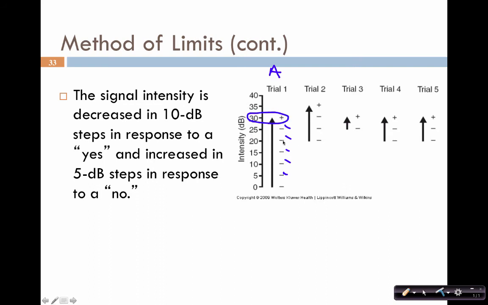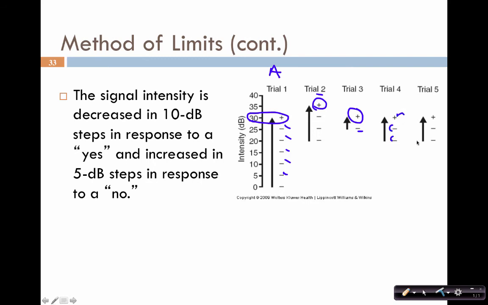On the second trial, you start at 20, and you present. So you present at 20, they don't hear it. 25, they don't. 30, they don't hear it on that trial, but then you get to 35, and they respond. You go to trial 3, you start at 25, they don't hear it. At 30, they do. Here you start at 20, and then you go at 20, 25, they don't hear it.